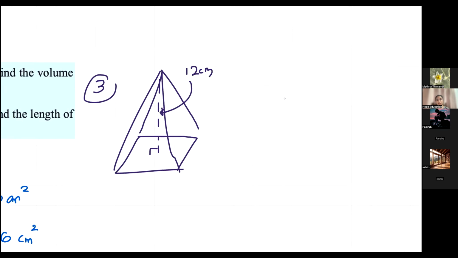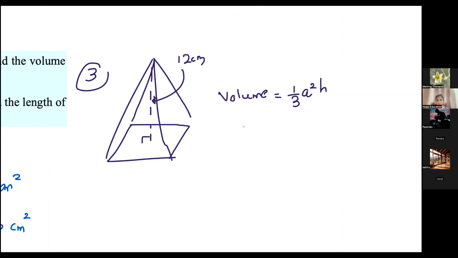Volume equals 1/3 a squared h. Volume they have given as 256 cubic centimeters. 1/3 a squared, where a is the length of a side. I don't know a, so I'll just write a squared. H is 12 centimeters that they have given. So when I simplify, 3 times 1 is 3, 3 times 4 is 12.